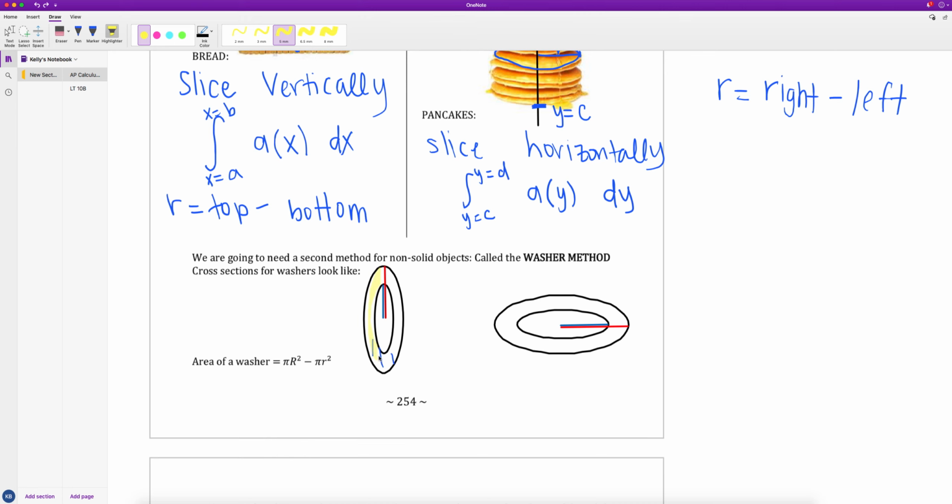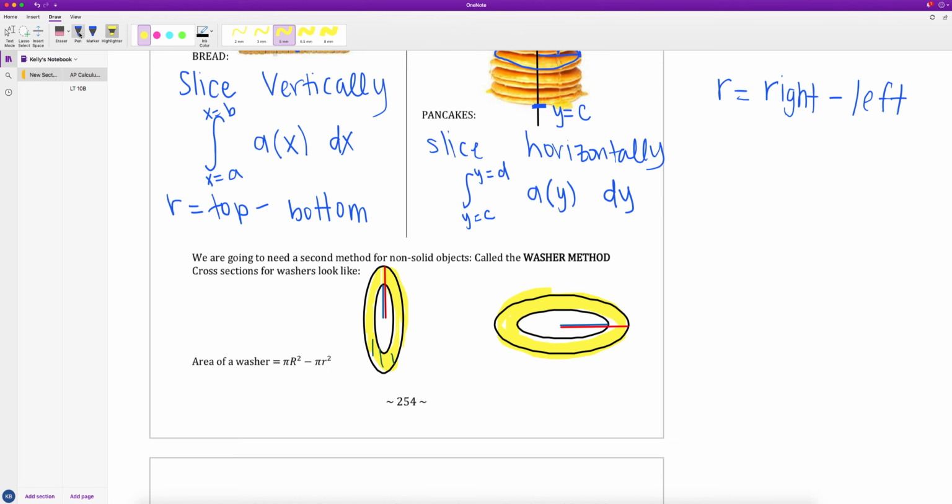So my area here is just all of this stuff in between, and I actually have a hole in the center, kind of like a donut. It's called a washer, because it looks like a washer that you'd pick up at Home Depot or Lowe's. I have this open circle in between, and I only have the solid area in between the two circles. We're going to talk about how this changes things, but also how it's really the same thing that we've ultimately been looking at.